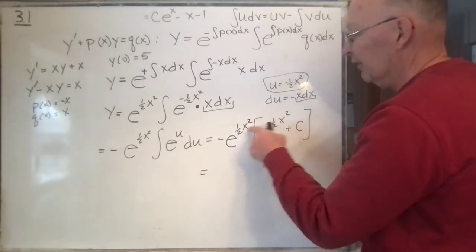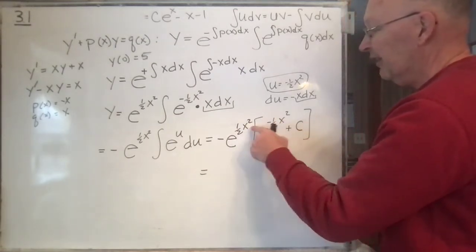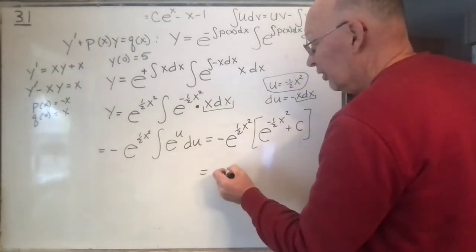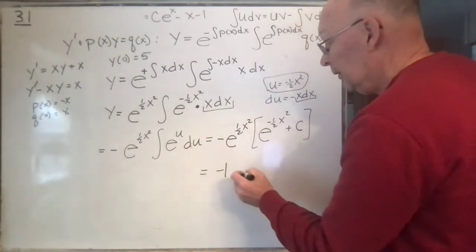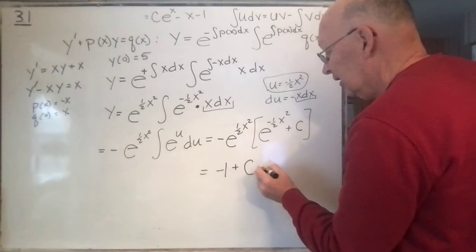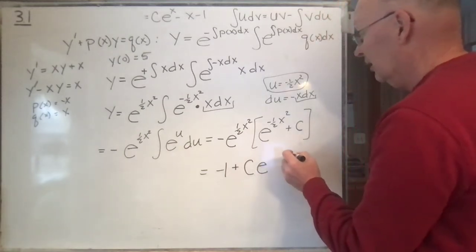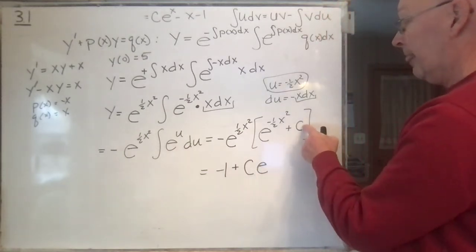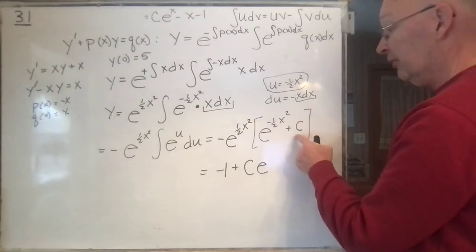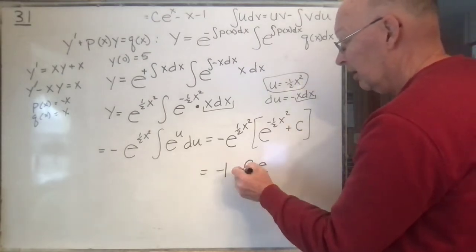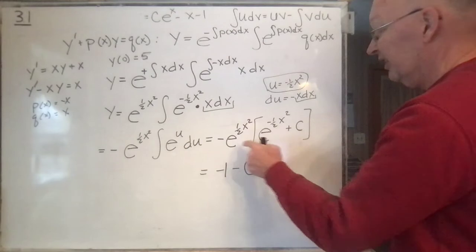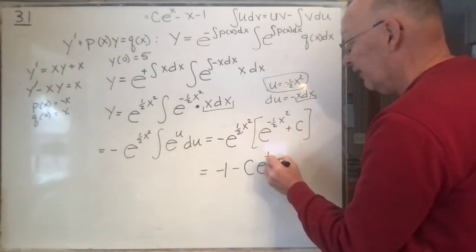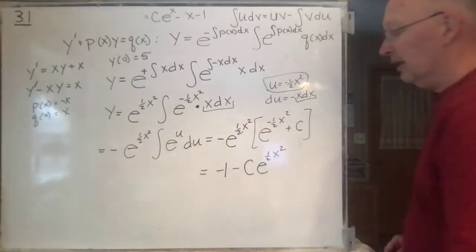Here you have a negative, there you have a positive, so when you add the exponents, they cancel. It's just going to be negative 1 plus c times e to the 1/2 x squared, like that.